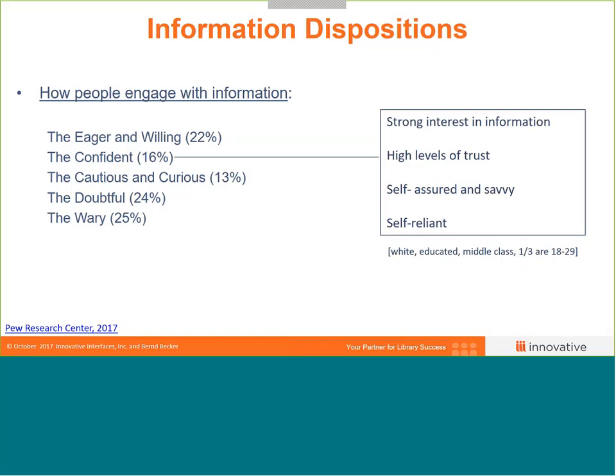Next on the spectrum, we have the confident. They combine a strong interest in information, high levels of trust in information sources, and self-assurance that they can navigate the information landscape themselves. This group is very self-reliant in how they handle information flows.